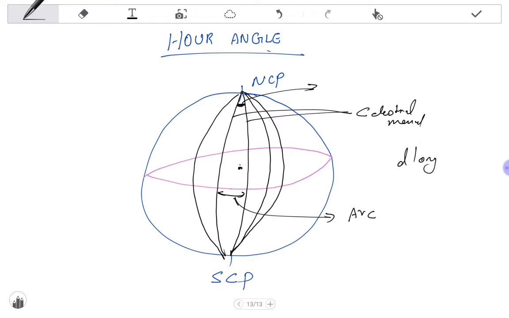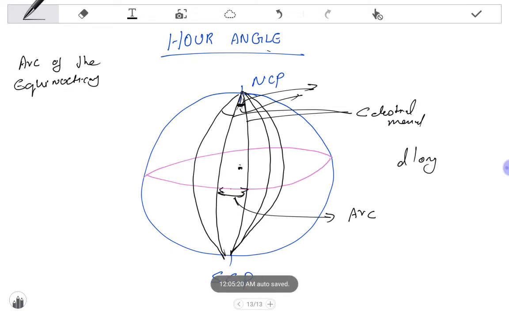So how do we write a proper definition? Hour angle is the arc of the equinoctial. This pink color is our equinoctial. So to measure the hour angle, either you measure the angle between these two celestial meridians at the pole, or the arc of the equinoctial.